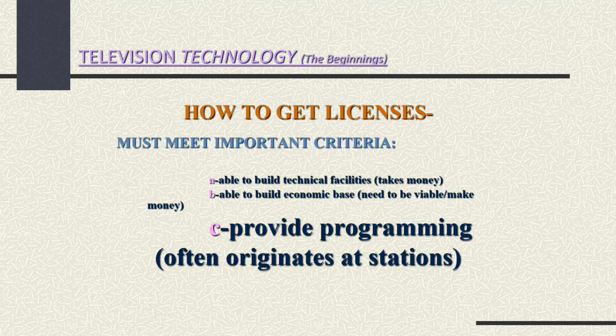And very often this was difficult for smaller stations, for station owners or licensees, because there wasn't a whole lot of programming out there. So how do you demonstrate that you have programming available? This really determined who actually got licenses for stations.